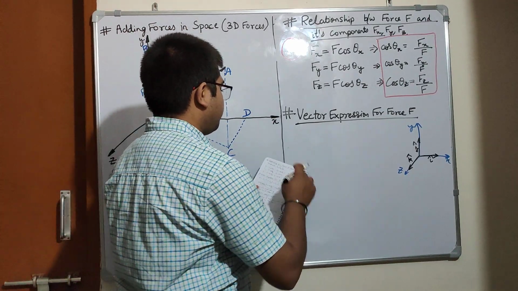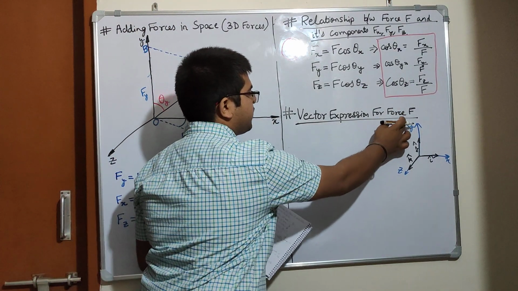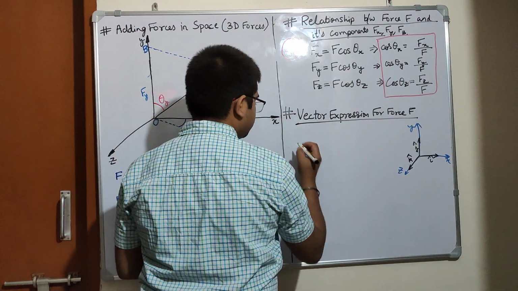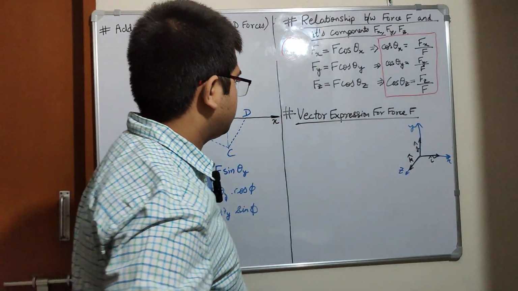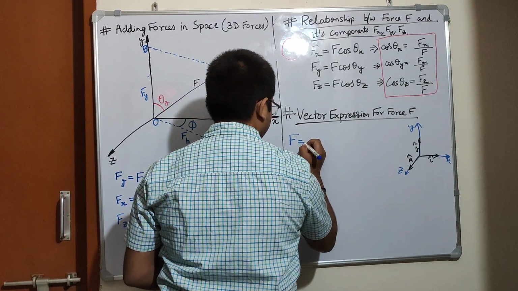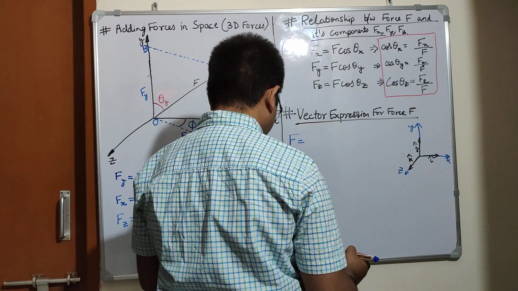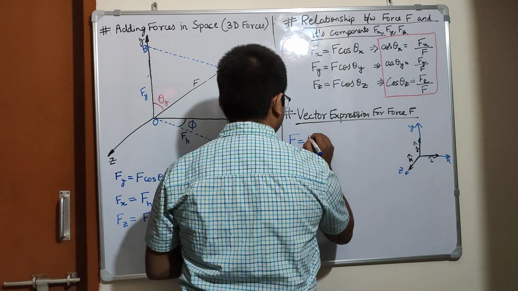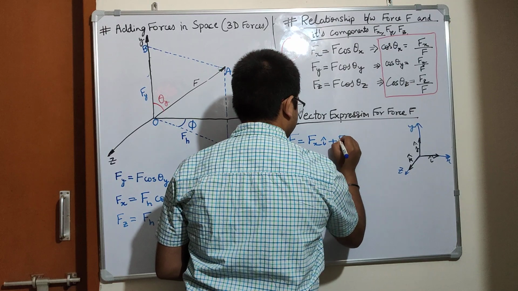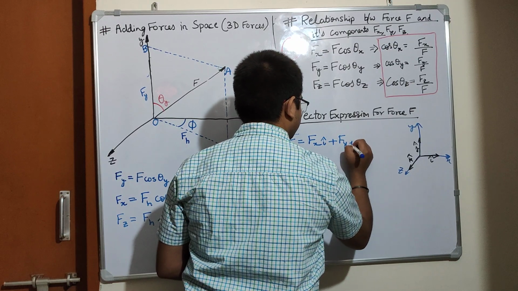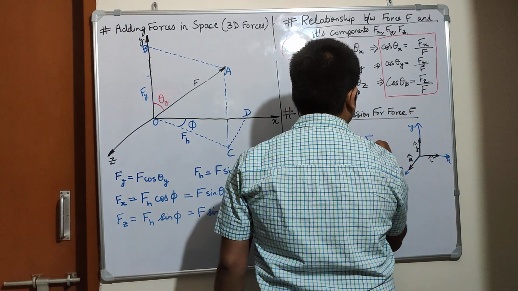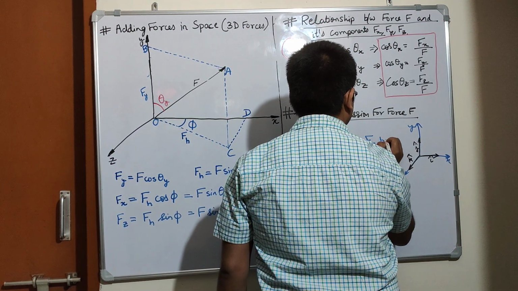So we can write the vector expression for force: F equals Fx i cap plus Fy j cap plus Fz k cap.